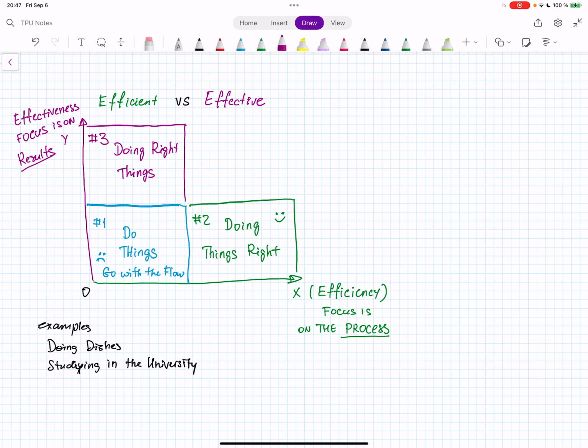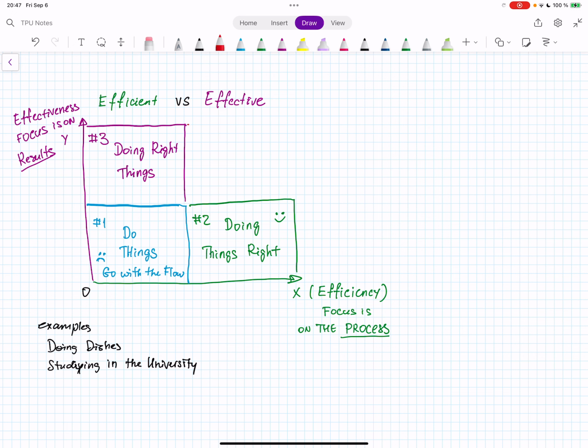So they think, okay, what do I want in life? What exactly do I need to achieve my goals, to get my results? I don't want to be distracted on secondary things. I want the most important thing, and I want it as soon as possible. So they are focusing on doing right things.